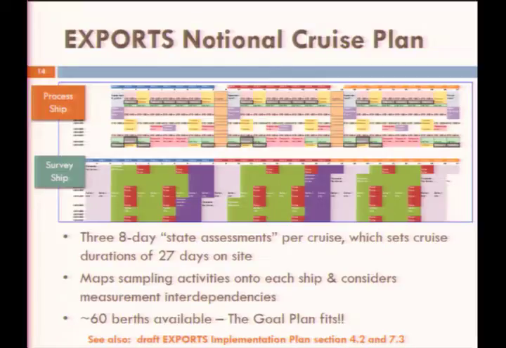So the notional cruise plan maps the sampling activities onto the ship and also considers measurement interdependency. So if we have things that need to happen together on the same ship, then that's also accounted for in how these activities have been planned for this notional cruise plan.